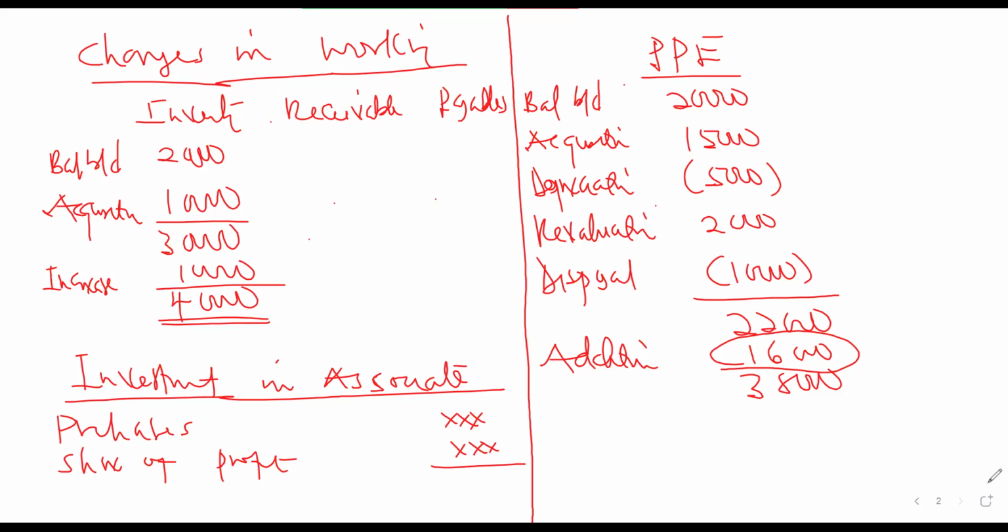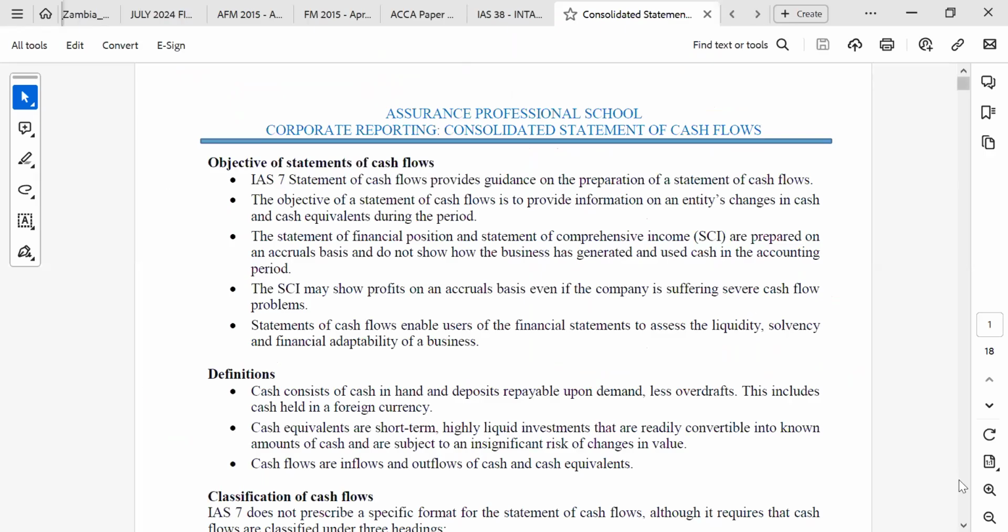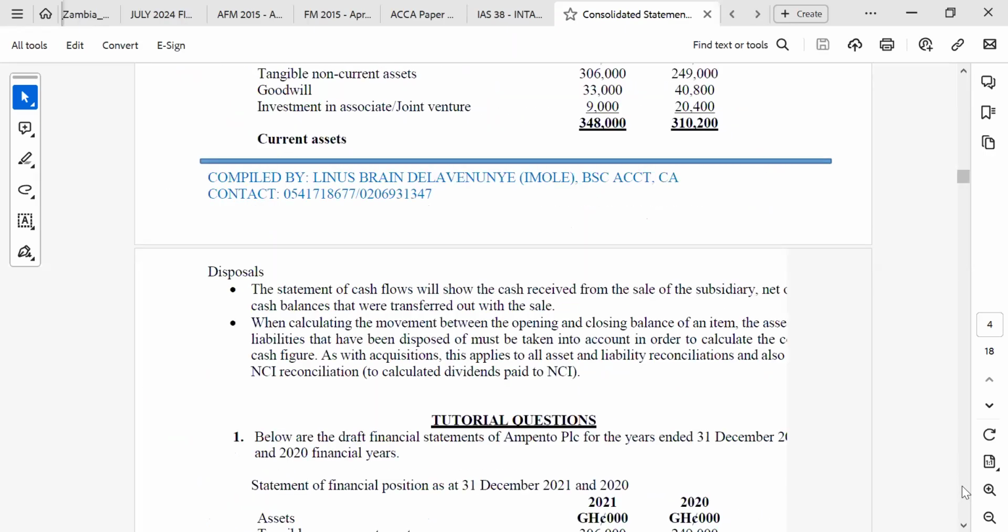So let's try to pick tutorial questions so that we can do the reconciliation proper. Okay, let's look at the question here.